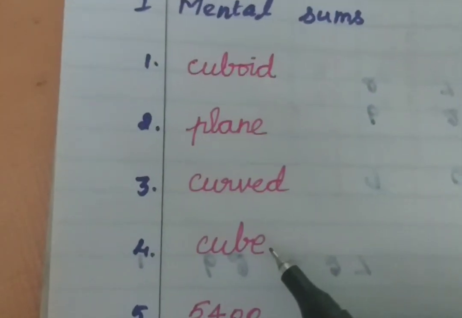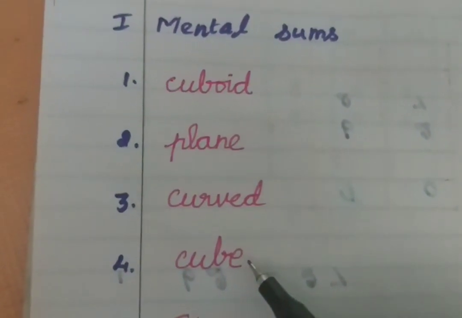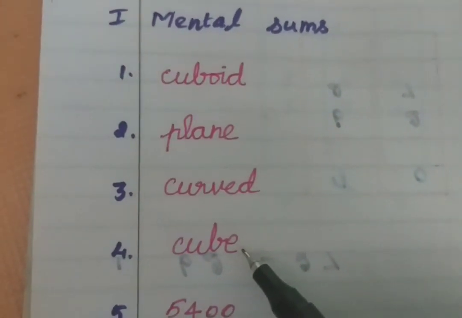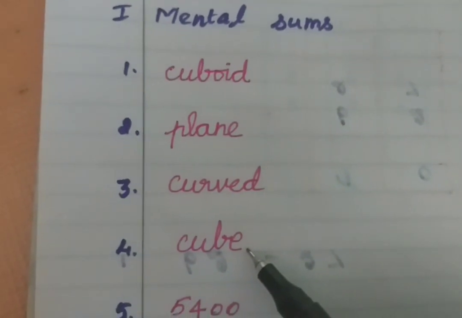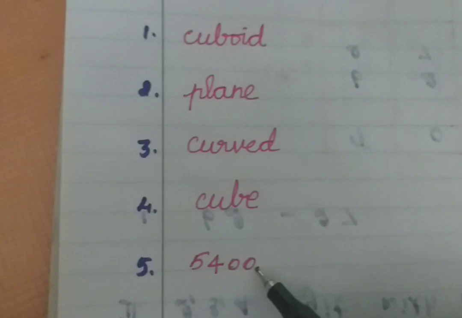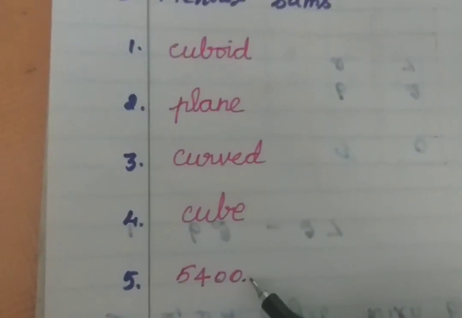And the fourth one, what is the shape of a dice? A dice is always a cube shape, isn't it? Here one surface is like a square. So it is a cube. And the last question, 5,500 minus 100. The answer is 5,400.